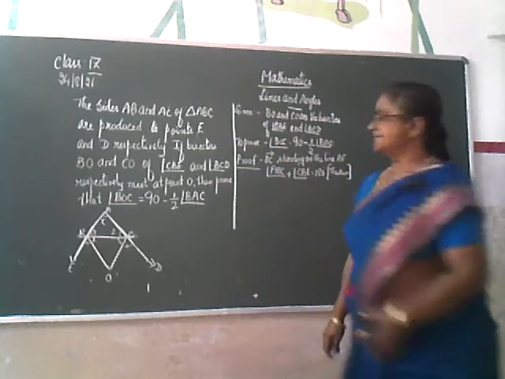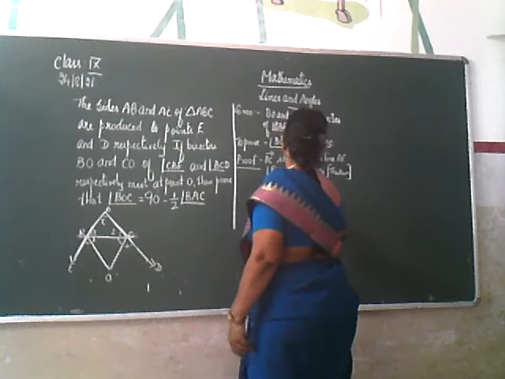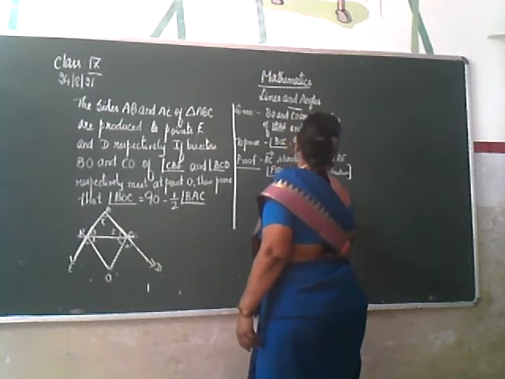What is ABC? Yes, Y. Y plus CBE is equal to 180 degrees.